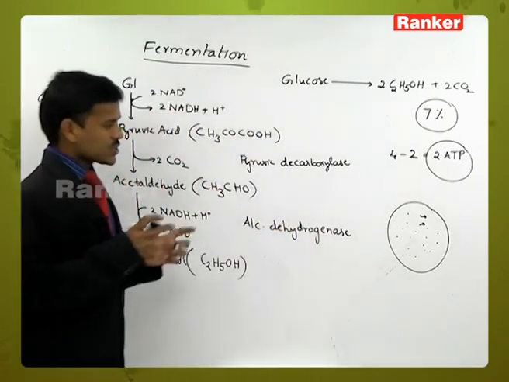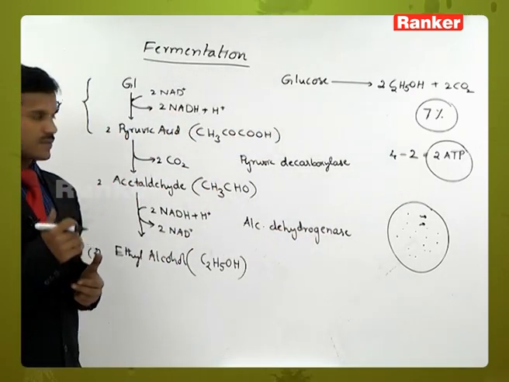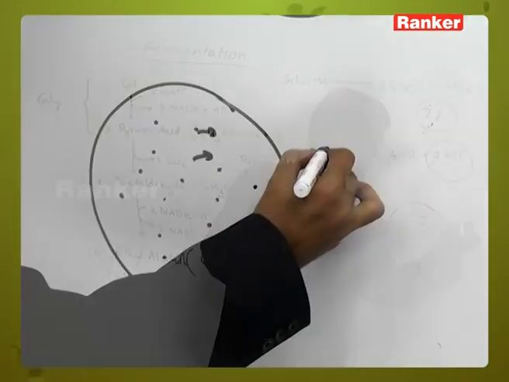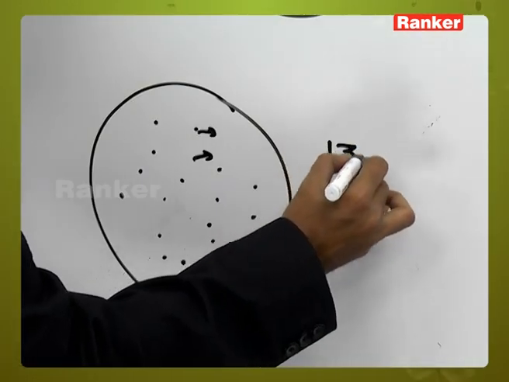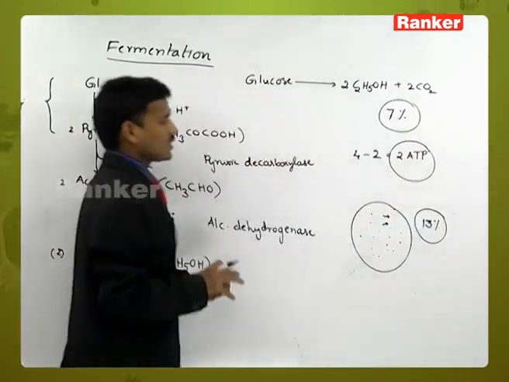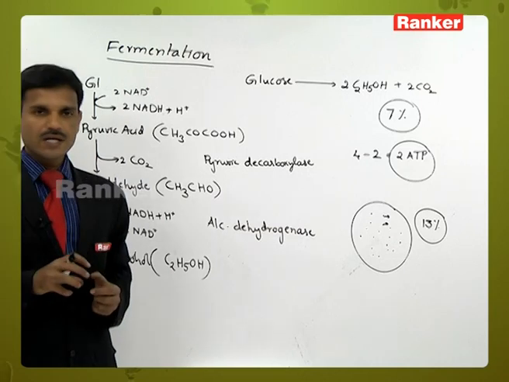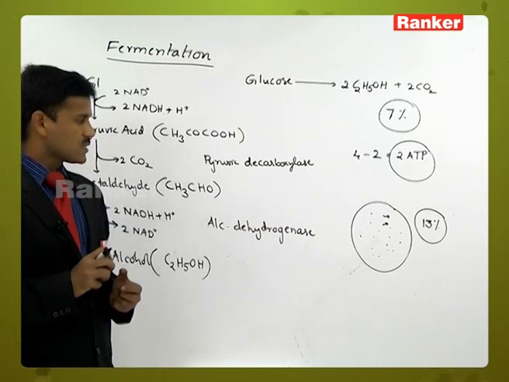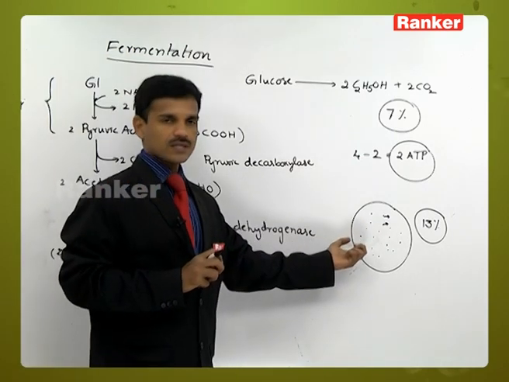So the concentration of alcohol gradually increases. When the ethyl alcohol concentration increases up to 13%, all the yeast organisms will undergo death.